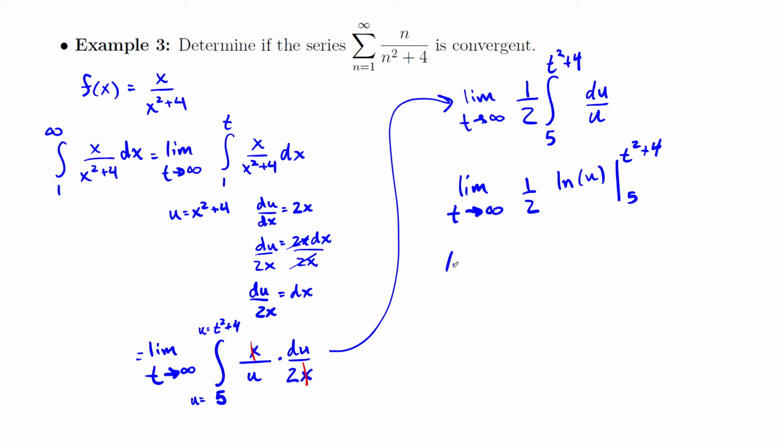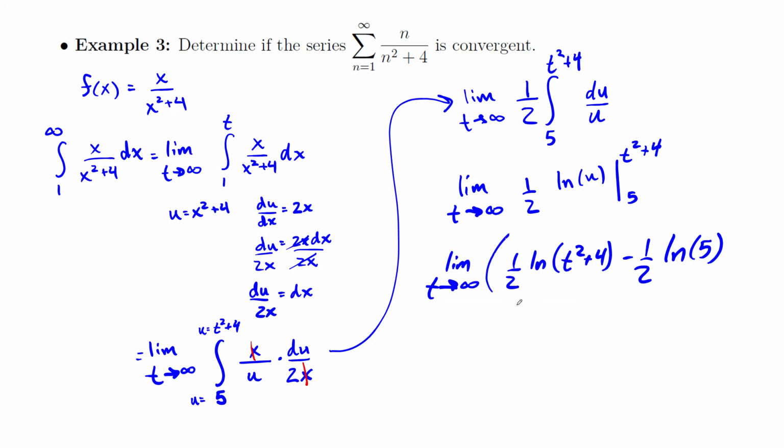Now, almost there, but hopefully you can kind of see where we're going here. So this is 1/2 times the natural log of t squared plus 4 minus 1/2 times the natural log of 5. But the important part is, what happens to this term as t goes to infinity? The answer is it blows up, right? This thing blows up.